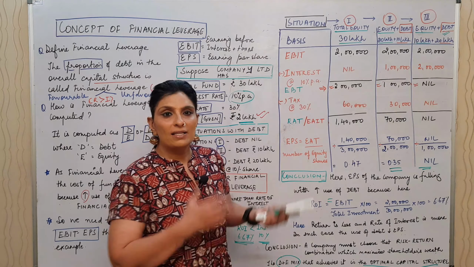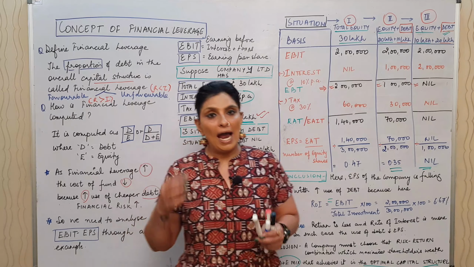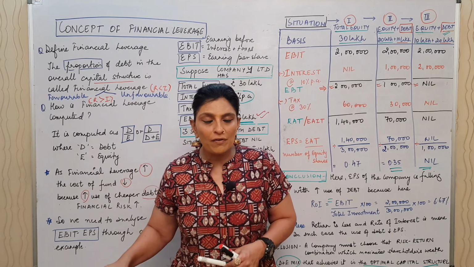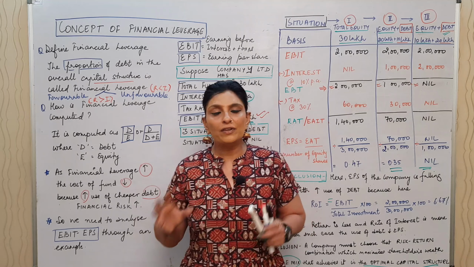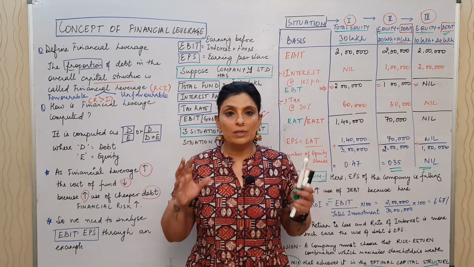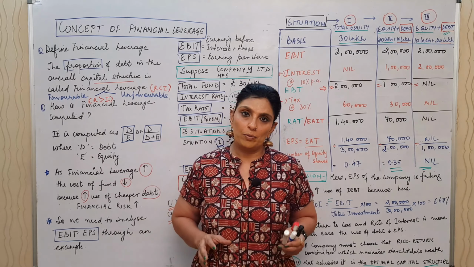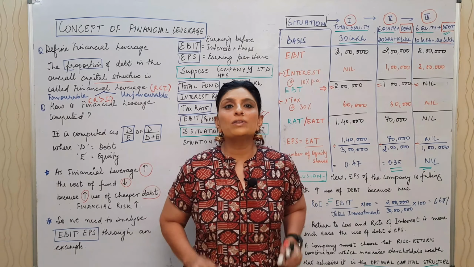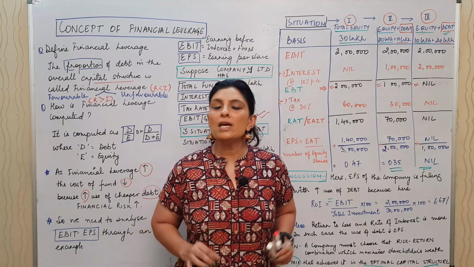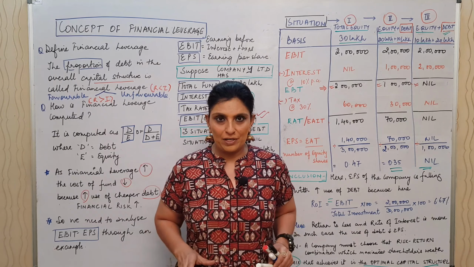So anyways, this is unfavorable financial leverage, and the previous example was of favorable financial leverage. After the comparative analysis, we conclude that favorable financial leverage is better than unfavorable financial leverage.